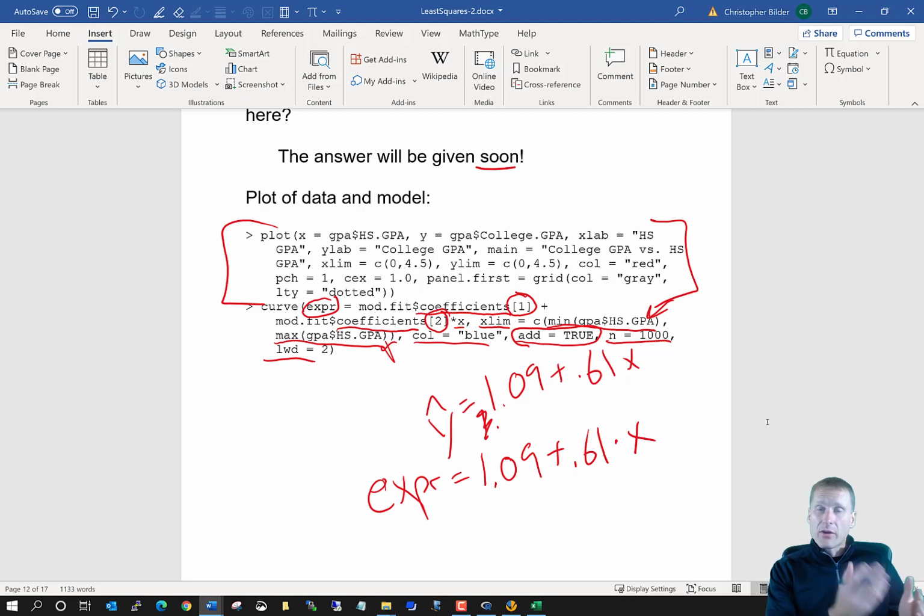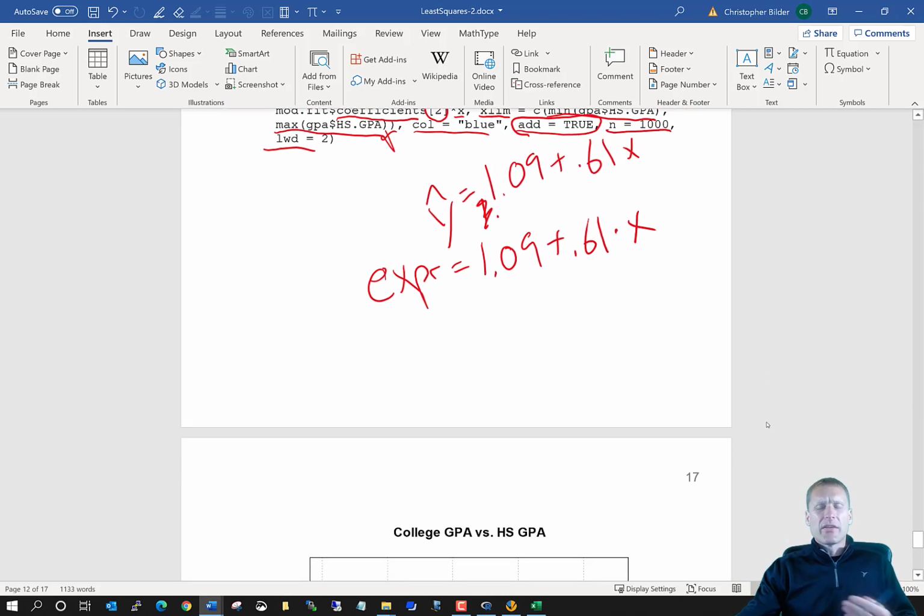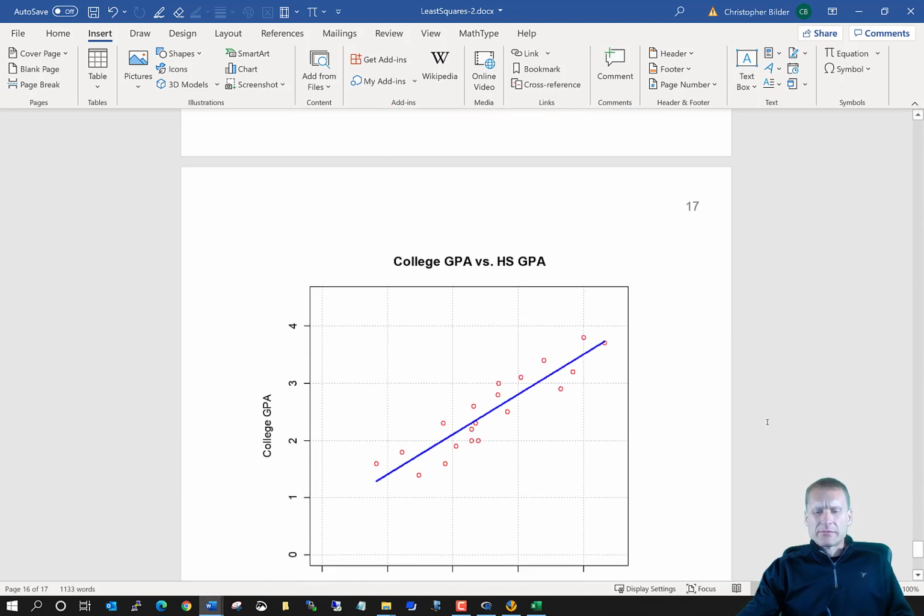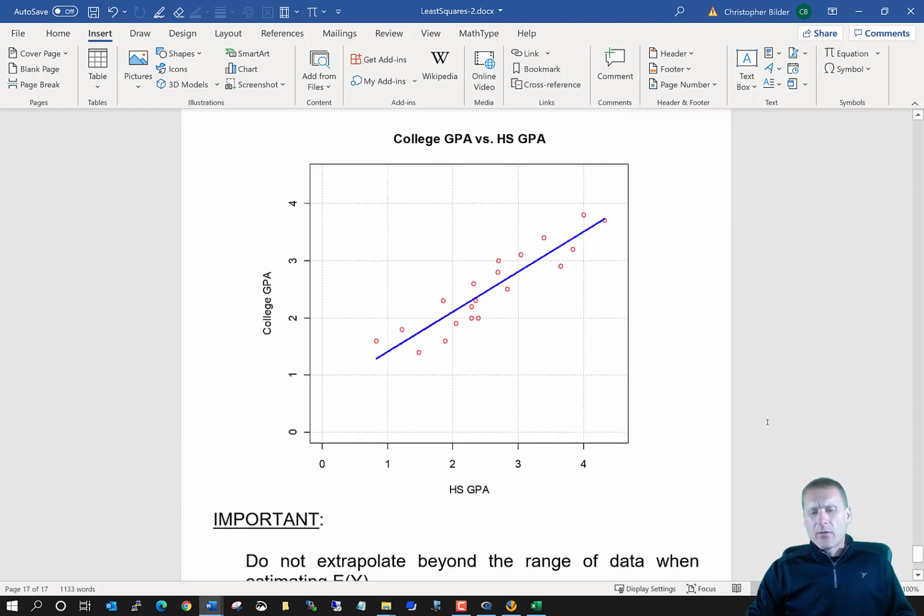In terms of plotting the corresponding x and y pairs, draw the line that connects them. The default is I think n equal 101, and sometimes that gives a little bit of a jagged line to it. And so this is what we get then for our plot. Notice how, again, that line goes nicely through the middle of the points. It nicely approximates the relationship between high school and college GPA.